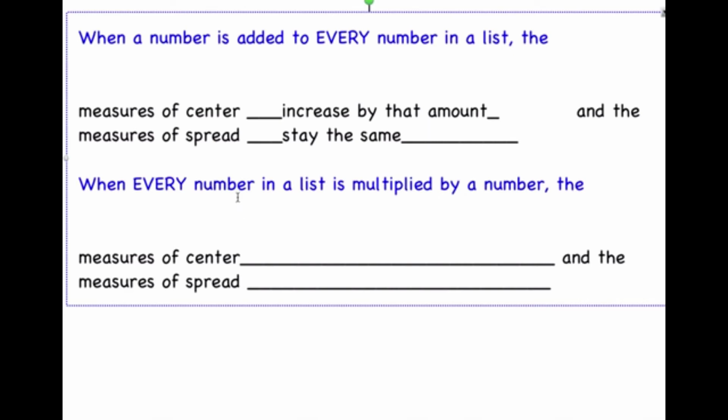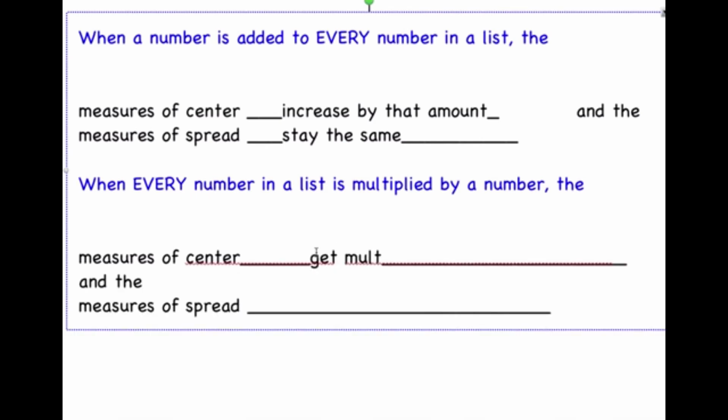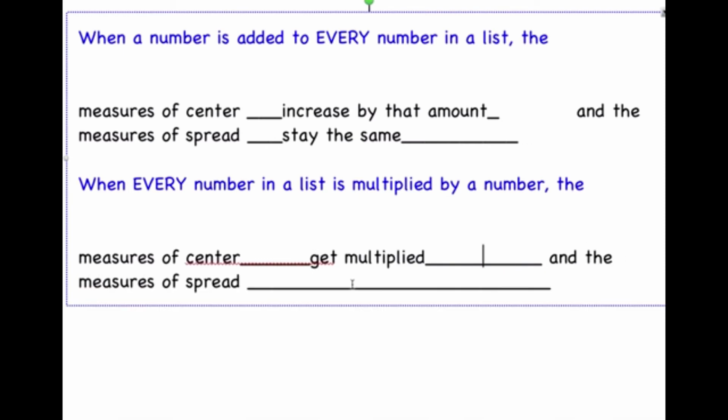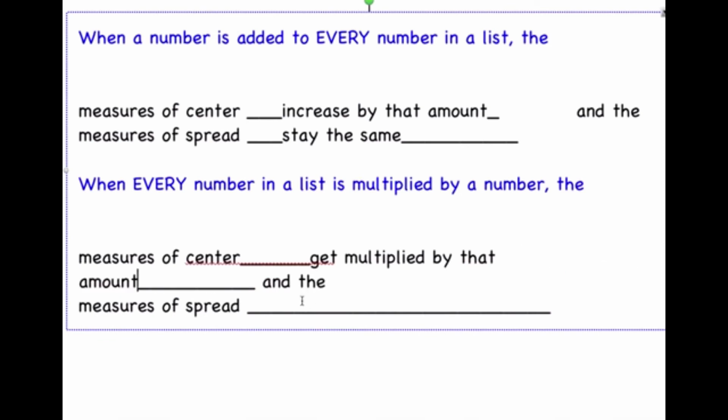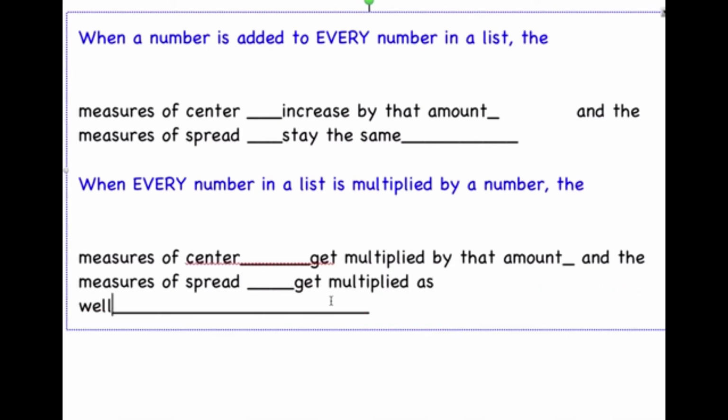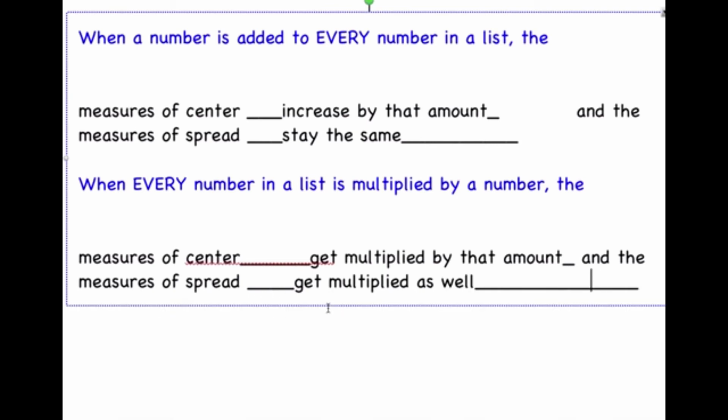If you're multiplying every number in a list by something, the measures of center will get multiplied by that amount, and the measures of spread will get multiplied by that amount as well. All right, I think you get the general idea.